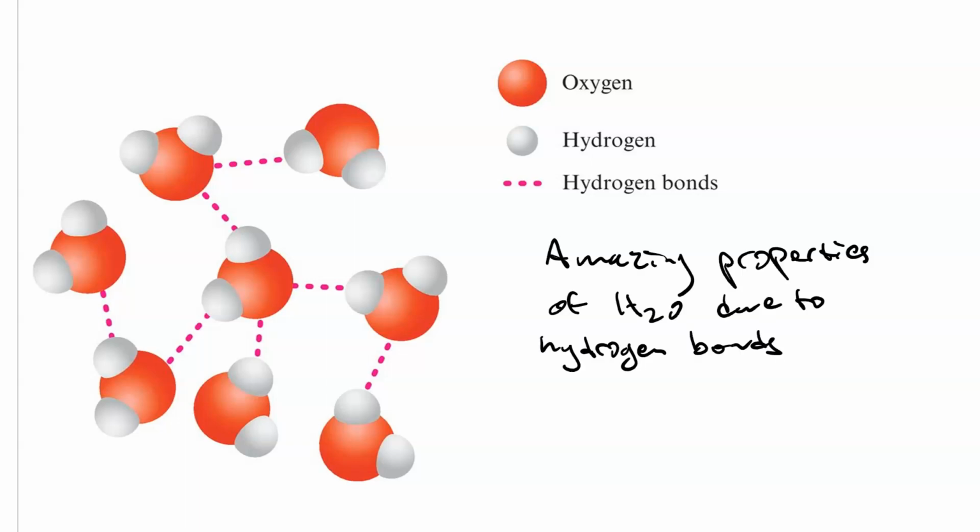And water has a lot of amazing properties because it can hydrogen bond. Its molar mass is 18.02, but the hydrogen bonds are strong enough that it's liquid at room temperature. Every other molecule with a molar mass that low is a gas.